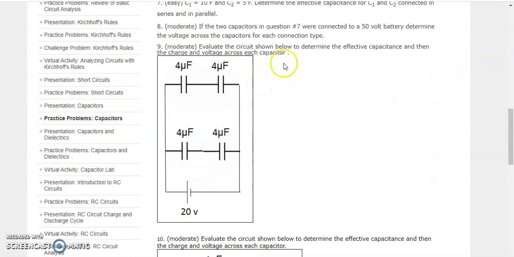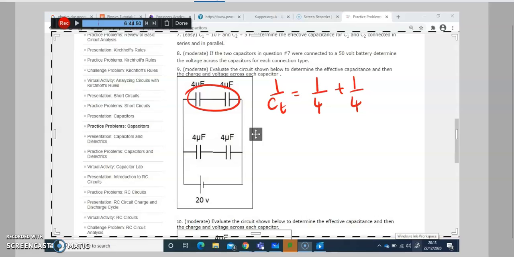Evaluate the circuit shown below to determine the total capacitance and then the charge and voltage across each capacitor. So as you see, the equivalent capacitor for this one is using this formula, which is 1 divided by C total is equal to 1 divided by C1 plus 1 divided by C2.